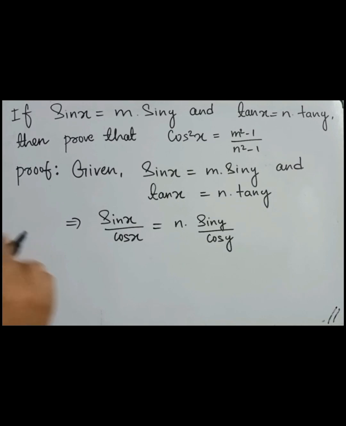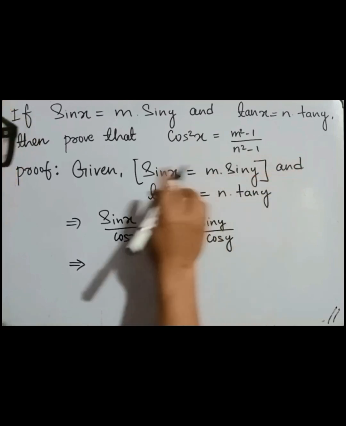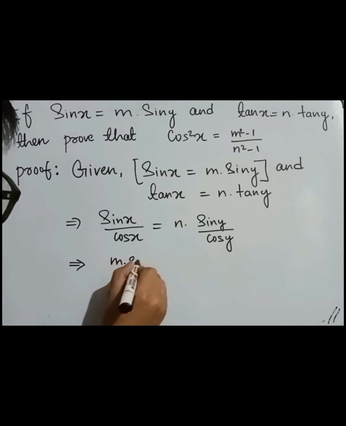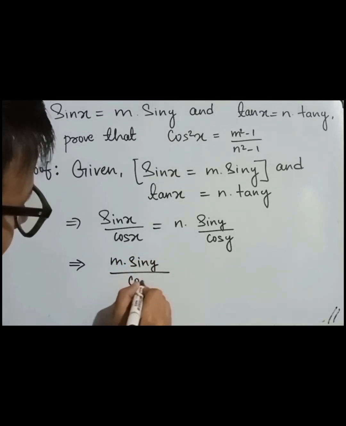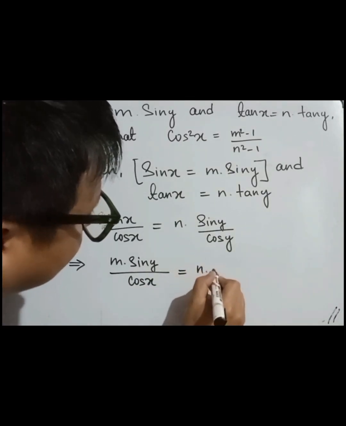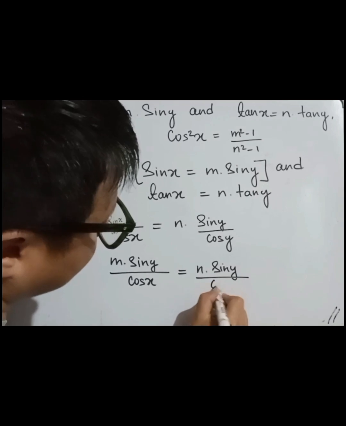Now we can substitute for sin x m into sin y. From here, we're going to substitute sin x by m sin y. So it becomes m sin y upon cos x is equal to n into sin y upon cos y.